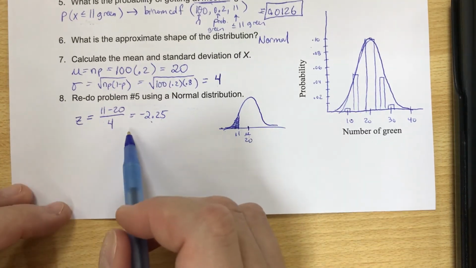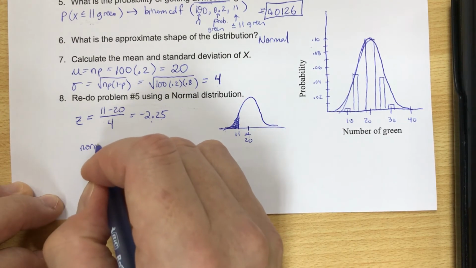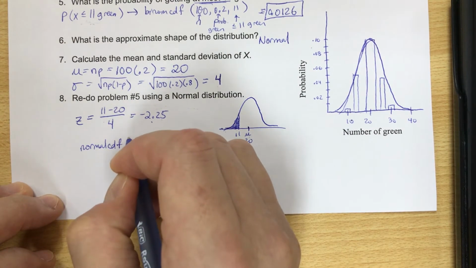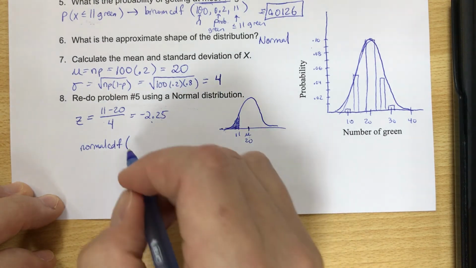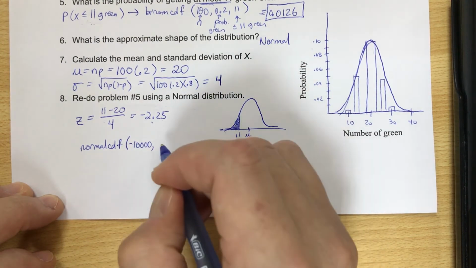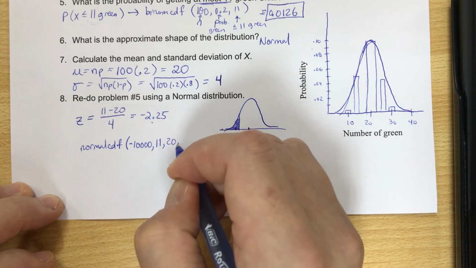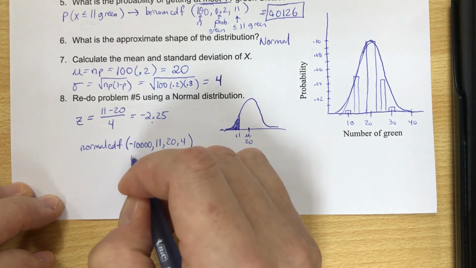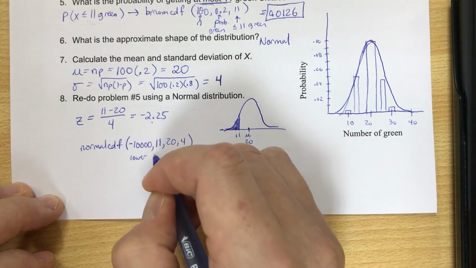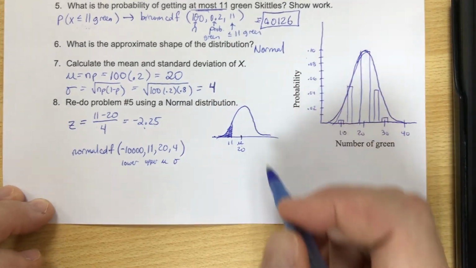Now you could go to the z-score tables, or we could do a normal CDF. My lower bound, I would make that negative 10,000. My upper bound is 11. My mean is 20, and my standard deviation is 4. So there's the lower bound, the upper, the mean, and the standard deviation.